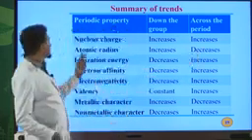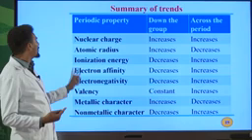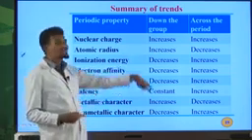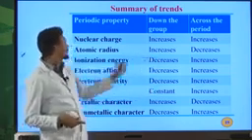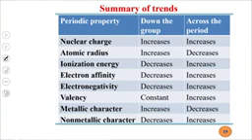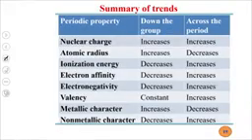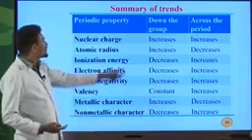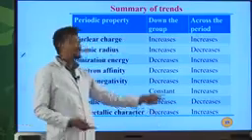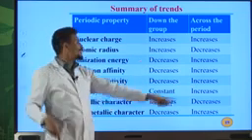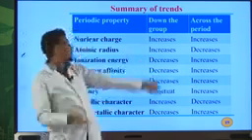The next periodic property is electron affinity. It decreases down the group. It is directly proportional to ionization energy. It increases from left to right across the period. Electronegativity decreases down the group but increases from left to right across the period, directly proportional to electron affinity and ionization energy. Valence is constant down the group, but when you move from left to right, it increases. You are familiar with this one.